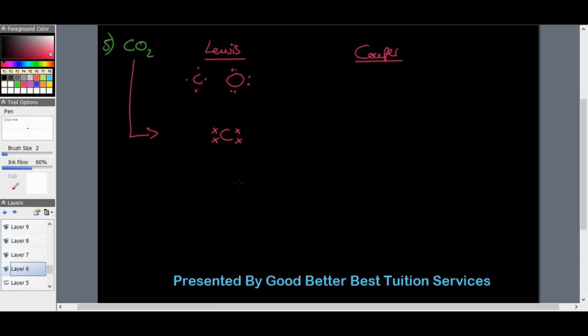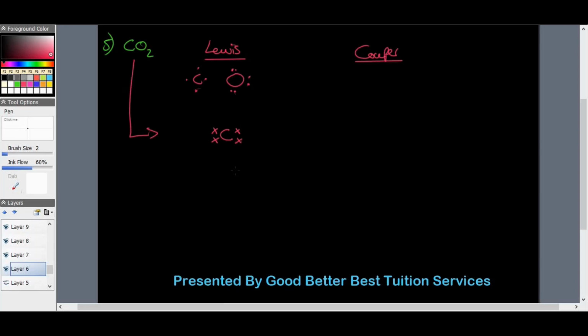Remember, carbon has a valency of 4, meaning it must share 4 electrons when it bonds. Oxygen has a valency of 2, meaning 2 electrons that it can use to bond. Only 2. So it can only share 2 electrons. The other 4 it can't share because they are lone pairs.